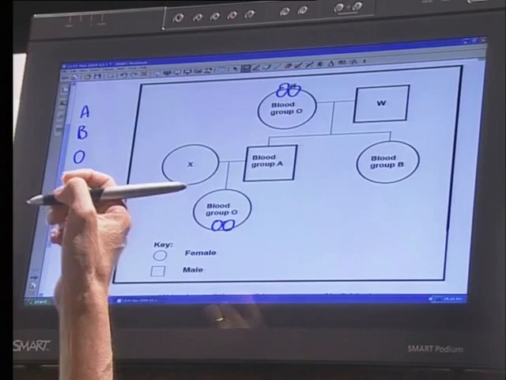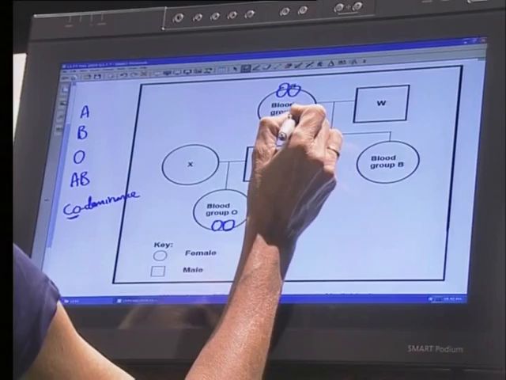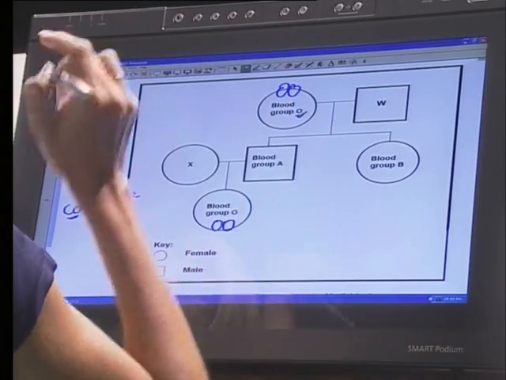If she had an A or a B gene sitting in here, she would have been that. So for them to tell you her blood group is O, it must be homozygous recessive OO. Does that make sense? Yes, Kakala?